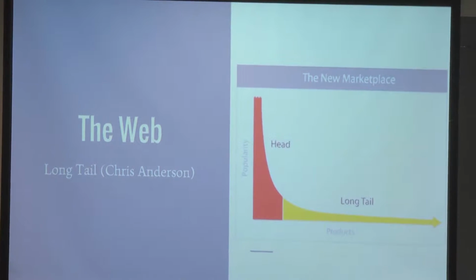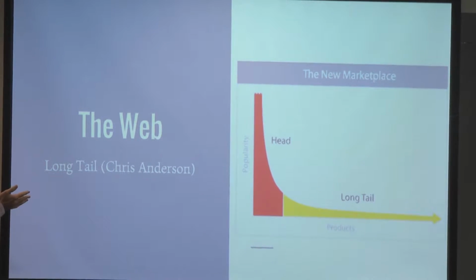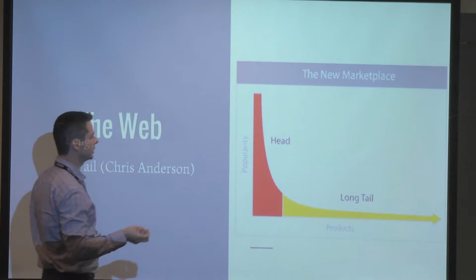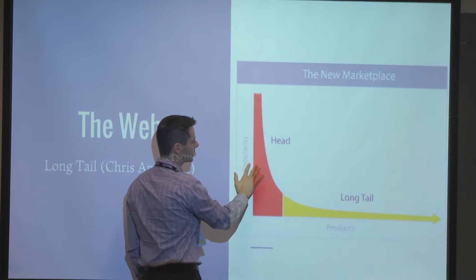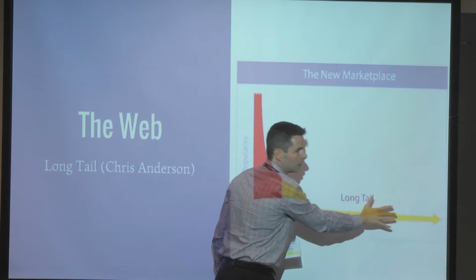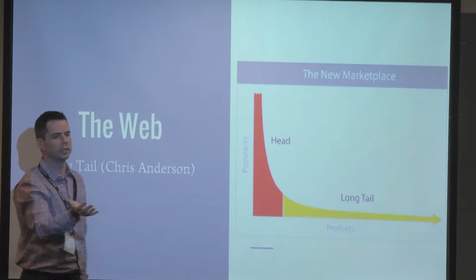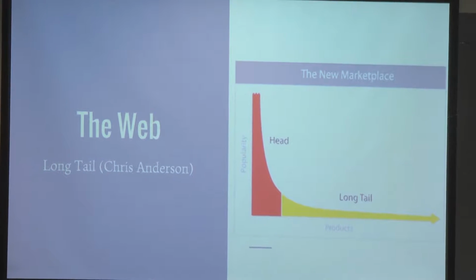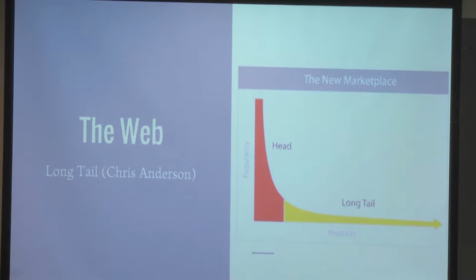So Chris Anderson had a long time ago talked about this idea. You've probably heard about it. This is his drawing of it, what he calls the long tail. That increasingly, instead of just having hits, people spend most of their time in this long tail. Maybe you're interested in some niche thing that I'm not interested in, and the web enables that in a way that we don't see with apps.